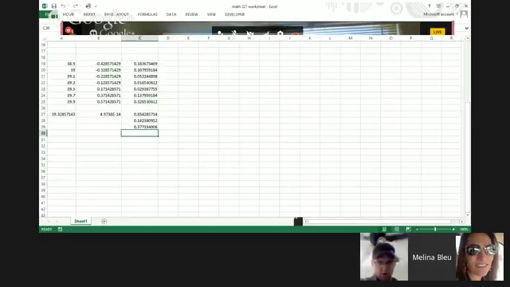Then you need to find the mean. You can do equals and then AVERAGE, highlight the fields, and there's your mean.